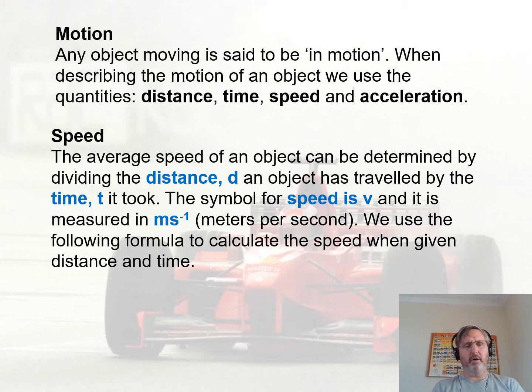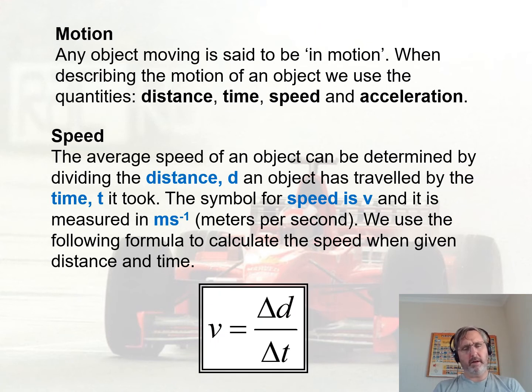Because we divide distance by time, we end up getting a unit that is meters divided by seconds, or we say meters per second. And when we write that, it looks like ms^-1. We use the following formula to calculate our speed.